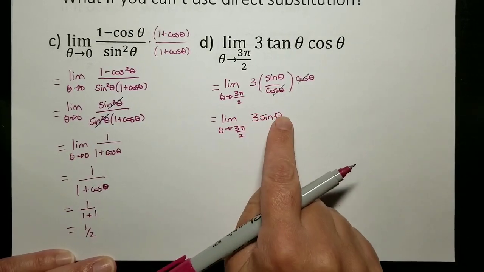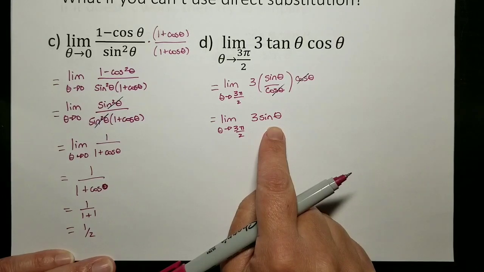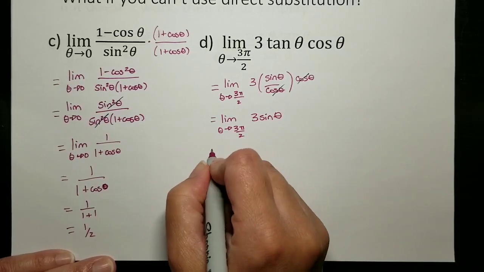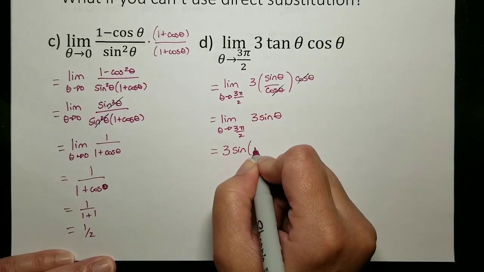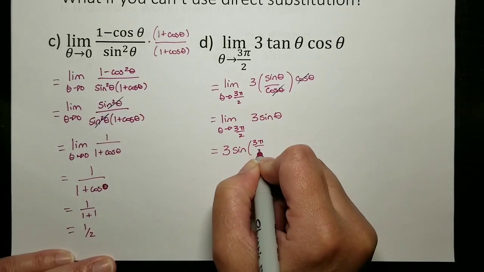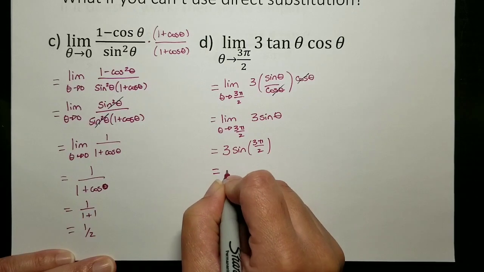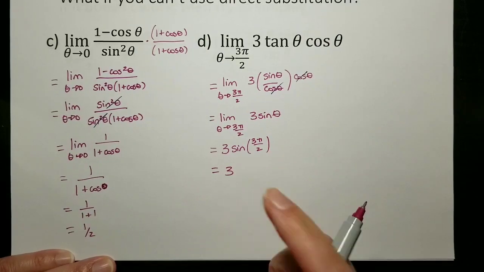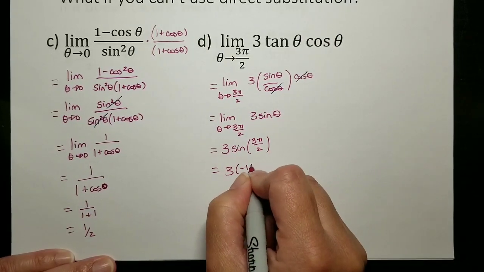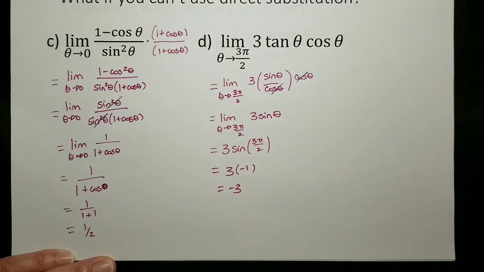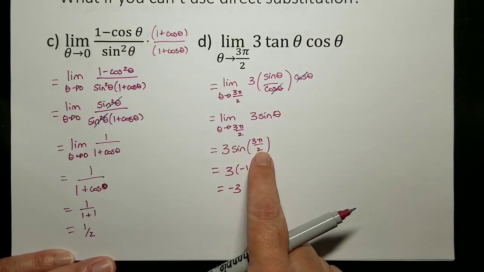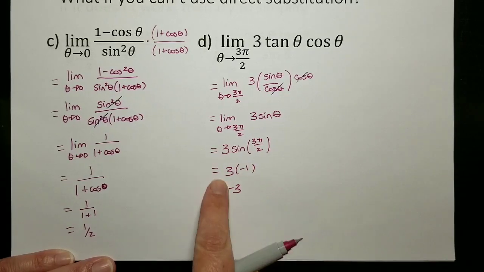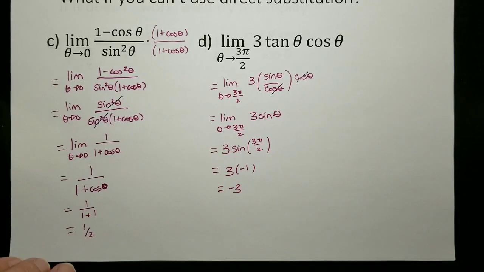Now this is simplified and I can substitute in. So I've got 3 times the sine of 3 pi over 2, and sine of 3 pi over 2 is -1. So that evaluates to -3. Notice that I keep the limit notation until I'm ready to sub in, and then I drop the limit notation out front.